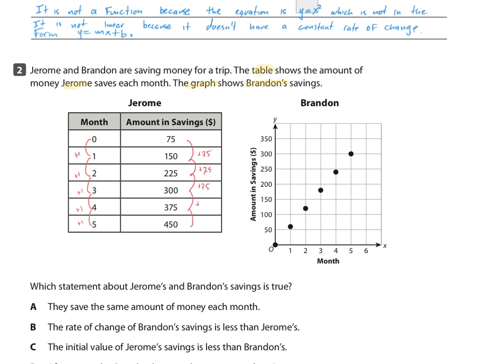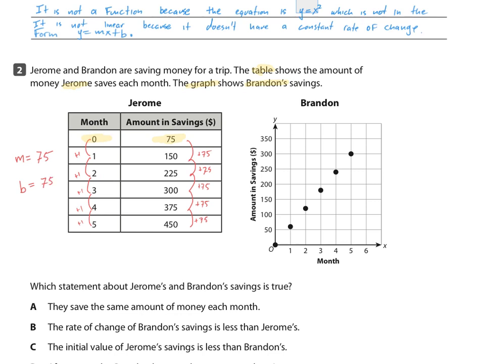So it keeps increasing by 75. So your rate of change, your M, your slope, is going to be 75. Now, to find the initial value, the only thing that you need to pay attention to is that 0. At 0, he had 75. So that's going to be your initial value. So B is going to be equal to 75 too.